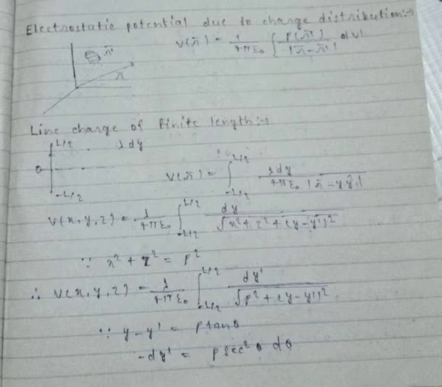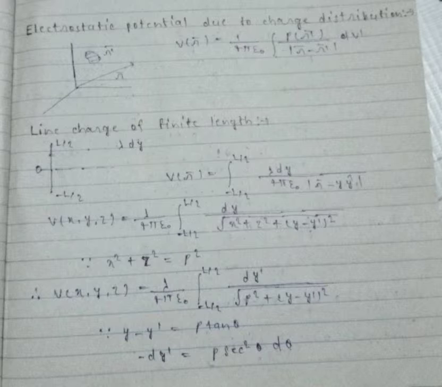The charge is sitting on the y axis, so the x and z components of the charges are 0, and therefore, I have dy over square root of x square plus z square plus, I am calculating it at some point y. So, I should just change the notation a bit. I will put a prime to indicate, as I have been doing, that it is the y prime over which I am integrating. So, I am calculating the potential at (y minus y prime) square. That is it. That is the integral that we are going to do.